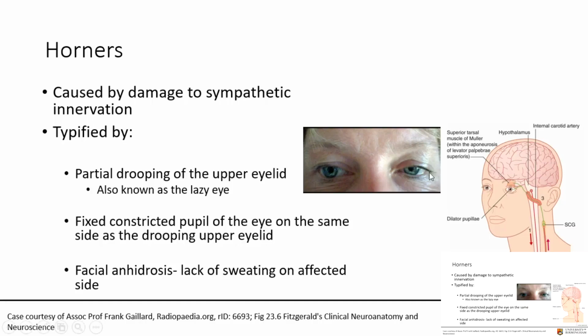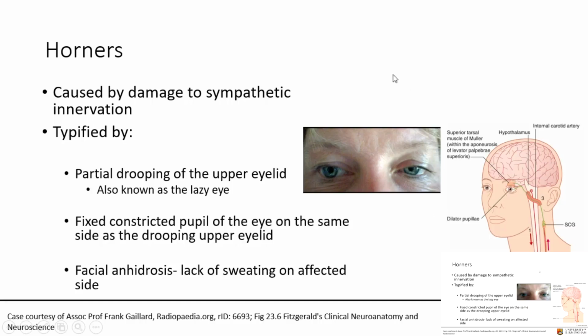So the left side is the one that is affected. This one also has the constricted pupil. And finally, they also have a facial anhidrosis, so they do not sweat here.